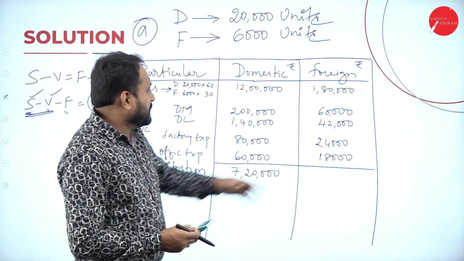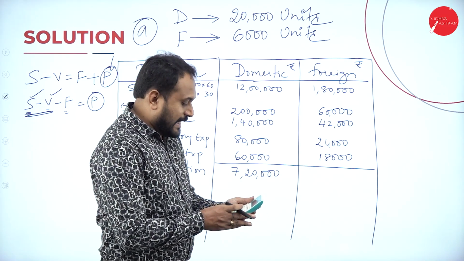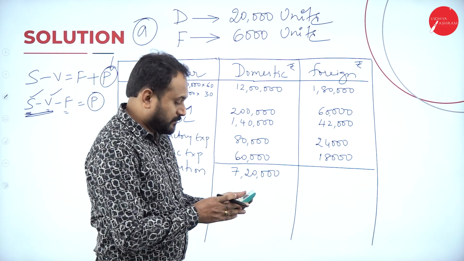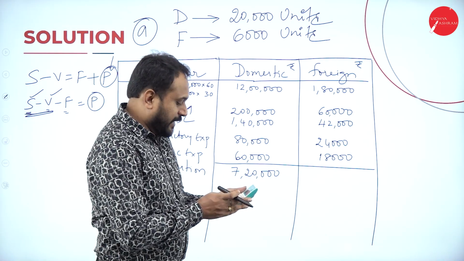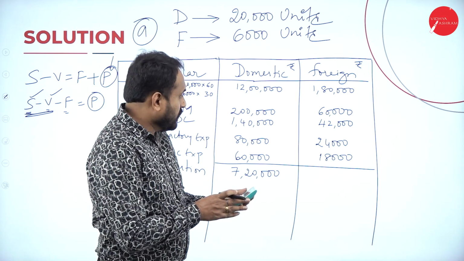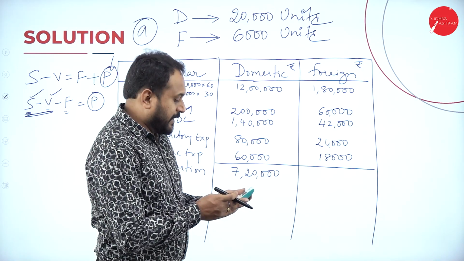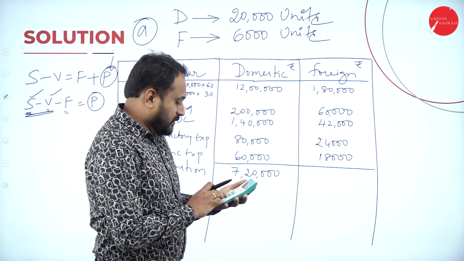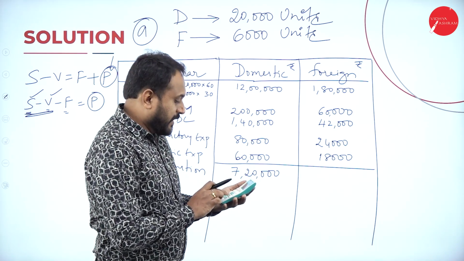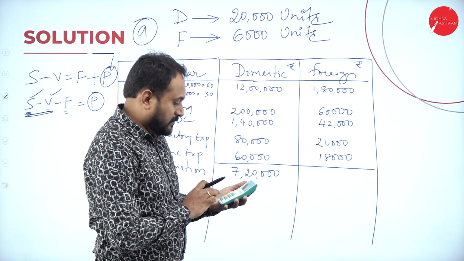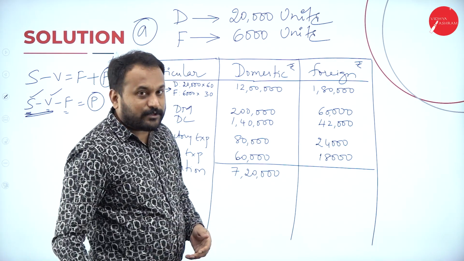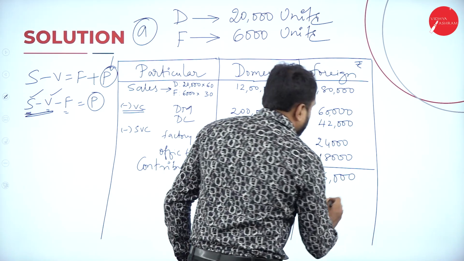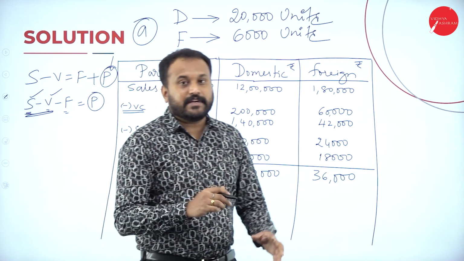Now 1,80,000 is here. 1,80,000 minus 60,000 minus 42,000, again minus 24,000, minus 18,000. So it is 36,000 that we actually got here.